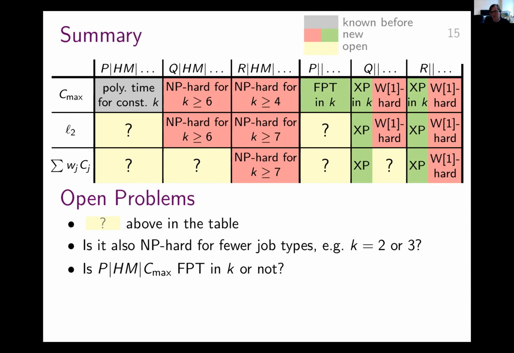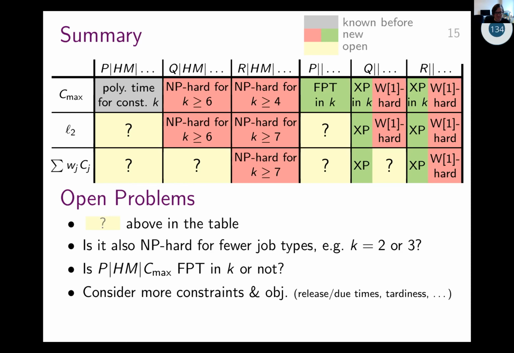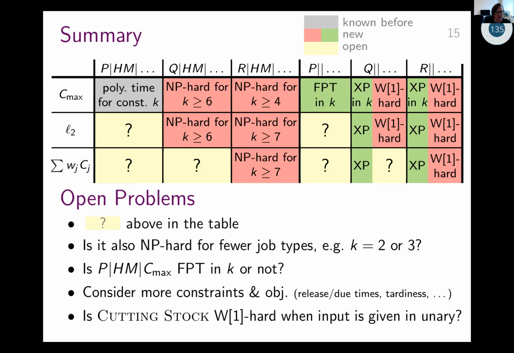But it's not clear whether both can be long numbers. Maybe you could look at other scheduling models where you have release and due times, or you minimize tardiness. There are many other objectives. And then this is the problem where I want to say a little bit more about it.